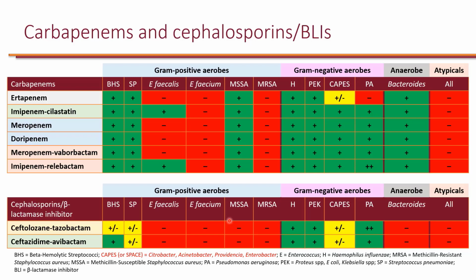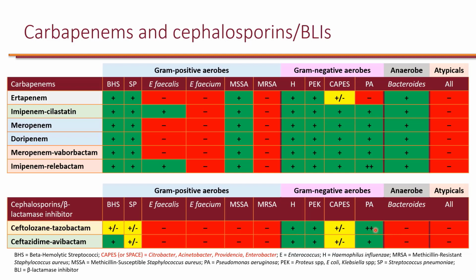And lastly, we have cephalosporin combinations with some beta-lactamase inhibitor. So we have ceftolozane-tazobactam. Ceftolozane is kind of similar to cefepime, but it's not available alone, so it was not listed in the previous table. It's only available in combination with tazobactam. In general, not much activity for gram-positives, but it has good activity against gram-negatives, particularly Pseudomonas.